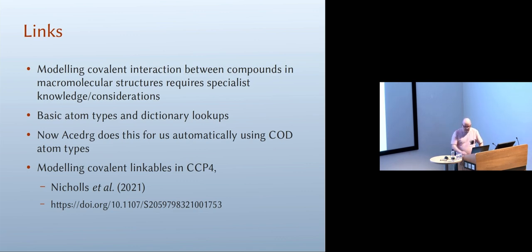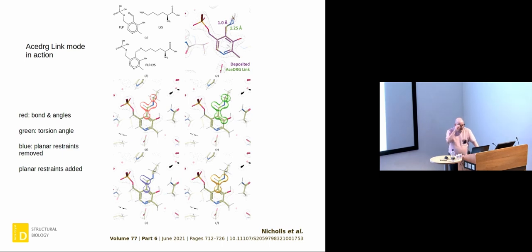And this was written up recently by Rob. This is a figure from the paper, and what we're looking at here is what ACEDRG is providing in that new link dictionary. It's providing new bond and angle restraints, new torsion restraints for these atoms here. This is pyridoxal L-phosphate binding to a lysine via a Schiff base.